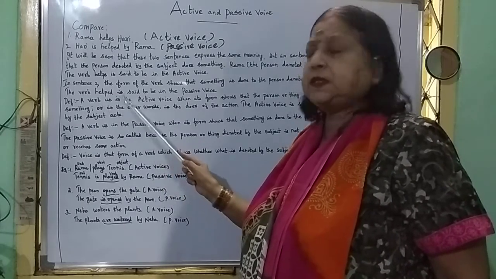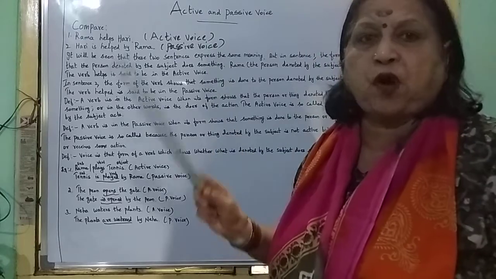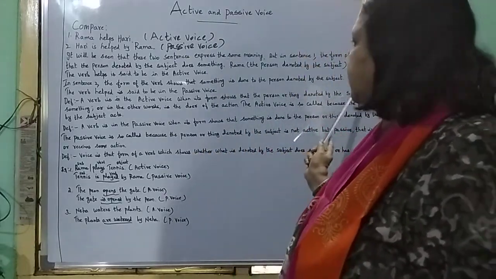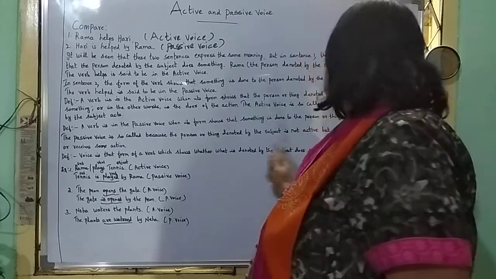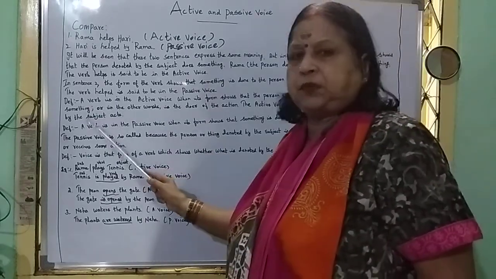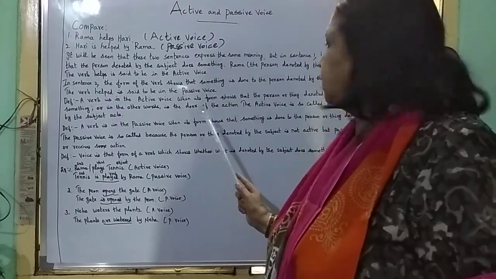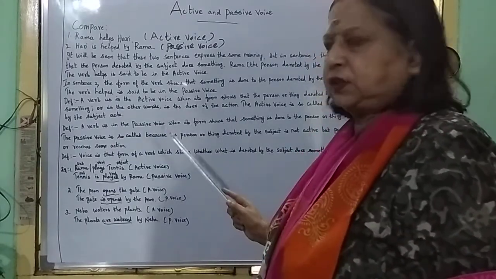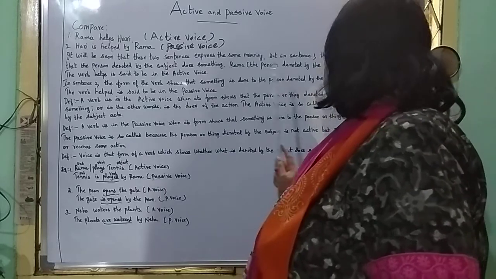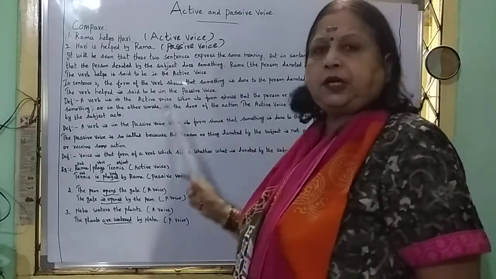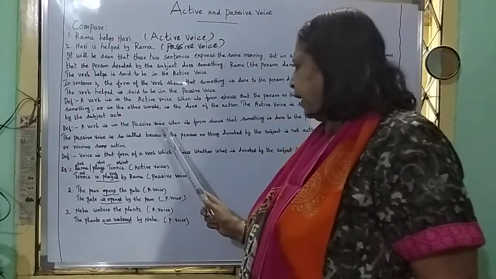A verb is in the active voice when its form shows that the person or thing denoted by the subject is doing something, or in other words, is the doer of the action. The active voice is so called because the person denoted by the subject acts.